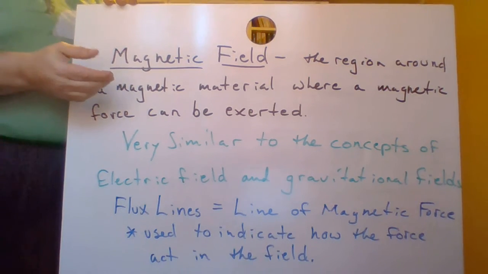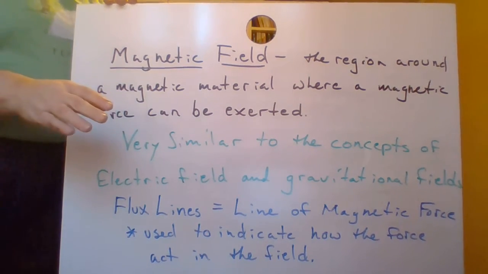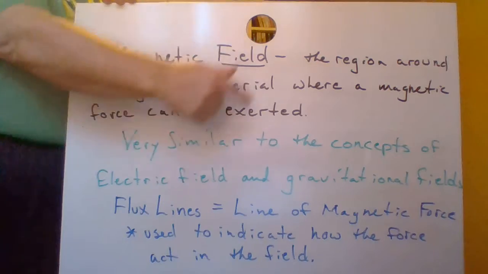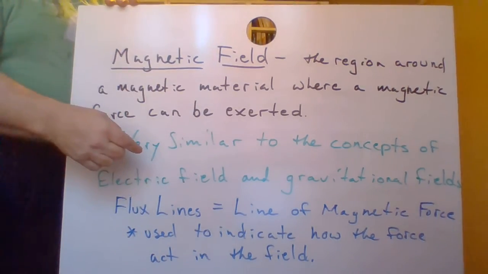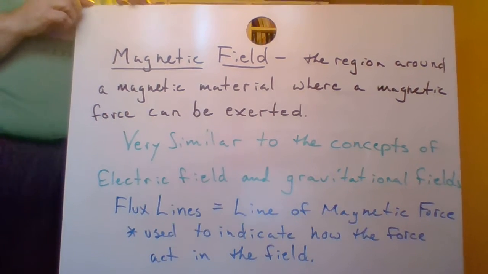The other way to think about it is if you have a bar magnet out there in space and it can exert a magnetic force around it, then the region around it we call a magnetic field.